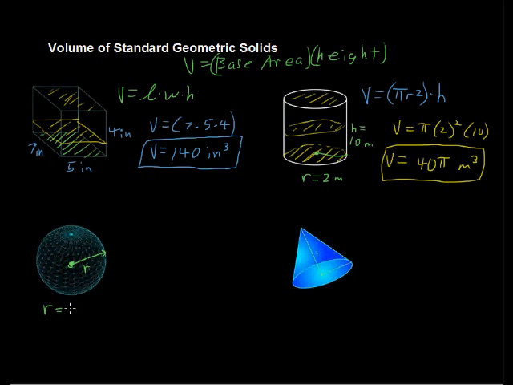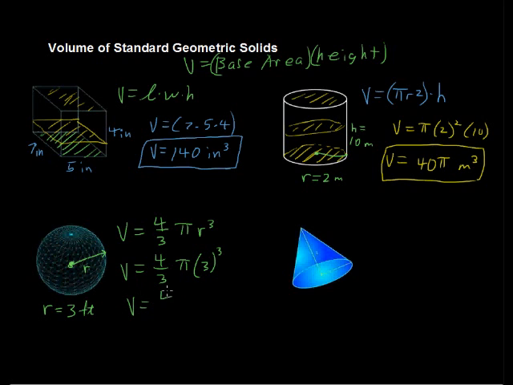So let's say the radius of this sphere is 3 feet. Well, the volume of a sphere is 4/3 pi r cubed. So we would just plug in that radius. V equals 4/3 pi times 3 to the third power. That equals 27.